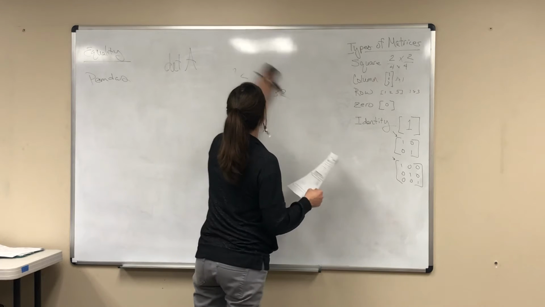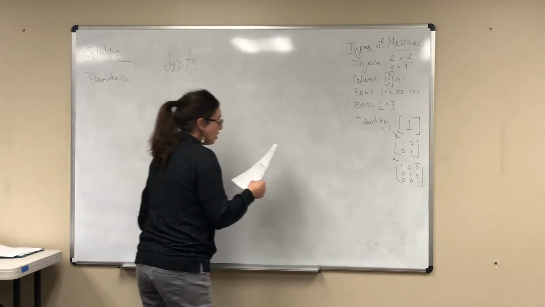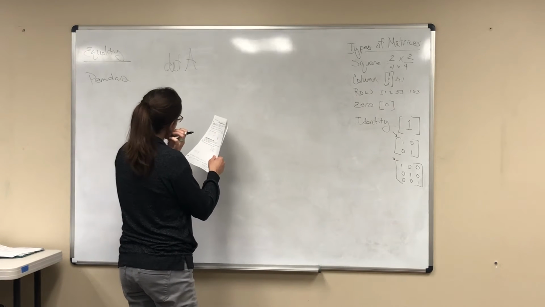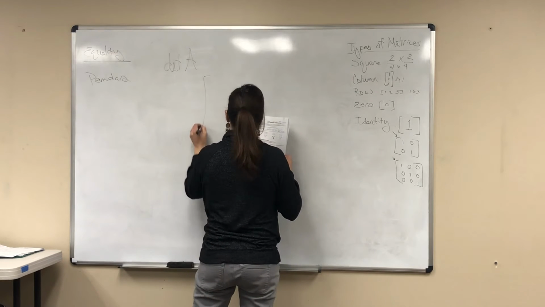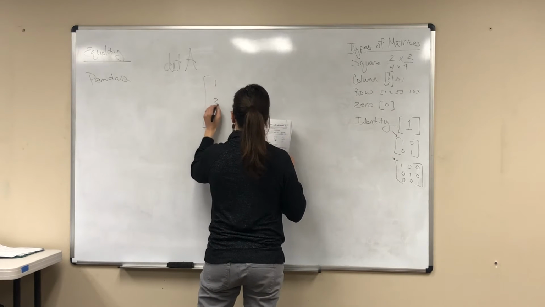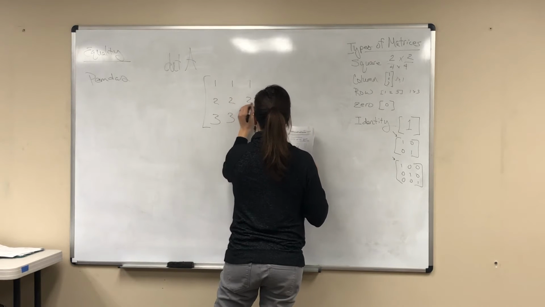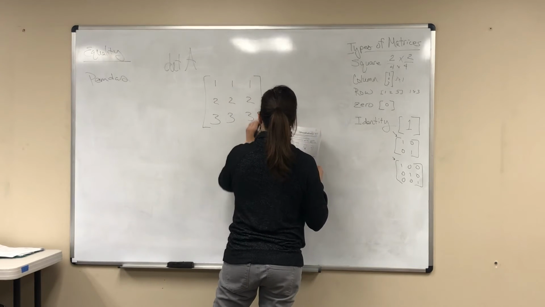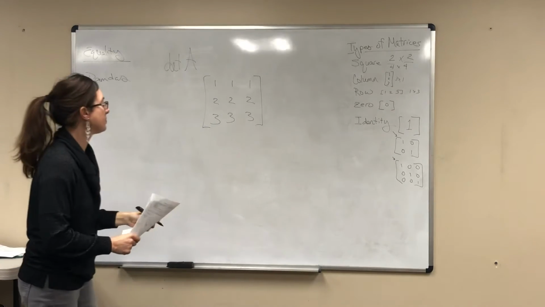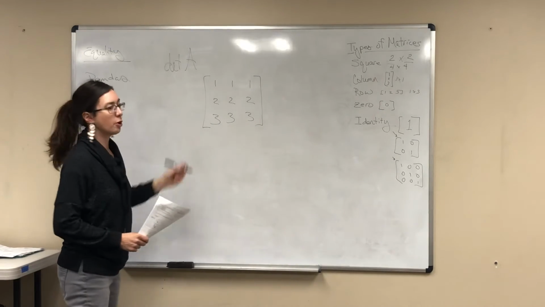All right. So let's look at, I'm going to do an easier one for number 3. Okay, so I have a matrix here. They asked me to find the determinant of this one.